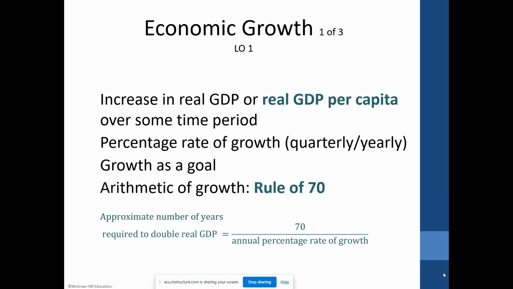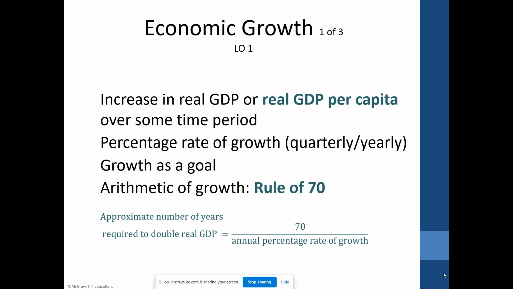It is typically measured as a percentage rate of growth, either on a quarterly or yearly basis. During periods of recession, the growth rate will be negative instead of positive.